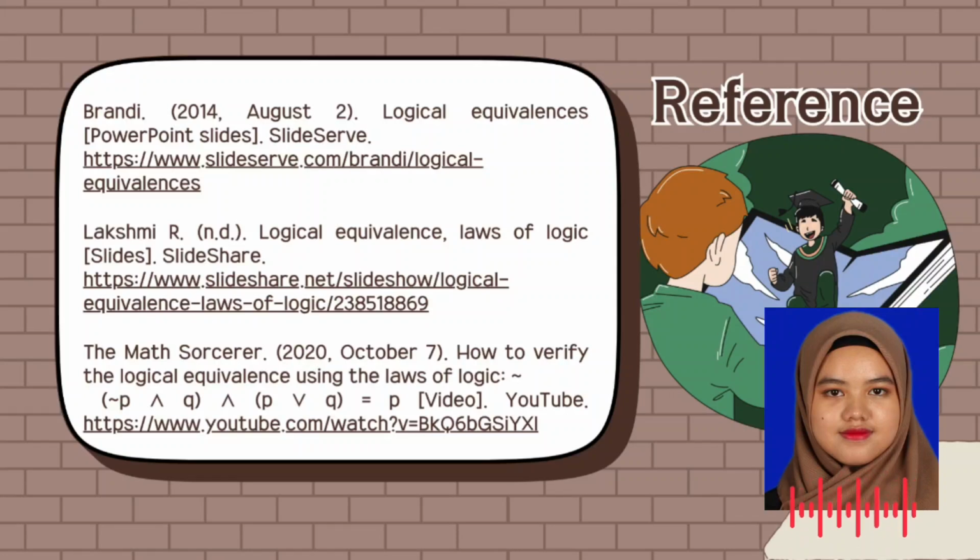So all these 3 references about the logical equivalence give us more info about it, so it really helped us. Actually, there are more website references that we use, but these 3 are some of the most helpful websites.